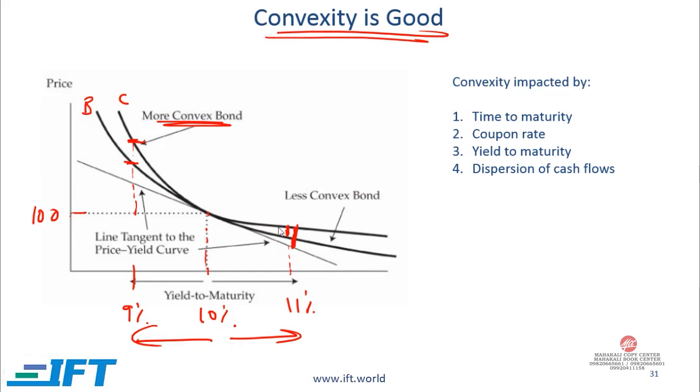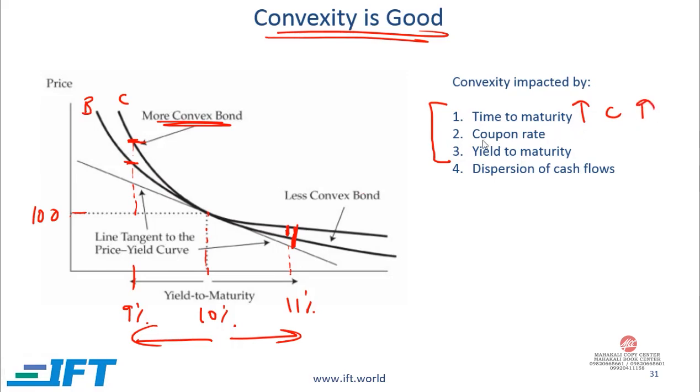Next, we need to understand the factors which impact convexity, and this is easy to remember because most of the factors operate in the same way that they did with duration. So if you have bonds with higher time to maturity, if you recall, higher time to maturity generally led to greater duration, and similarly bonds with higher time to maturity have higher convexity.